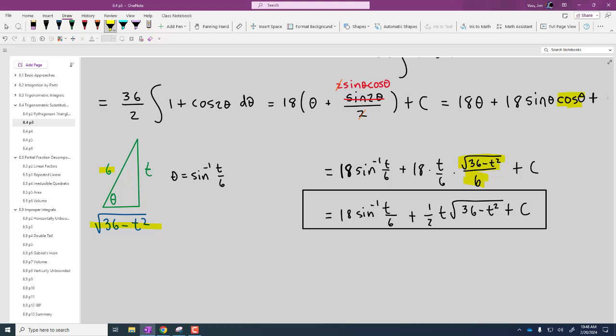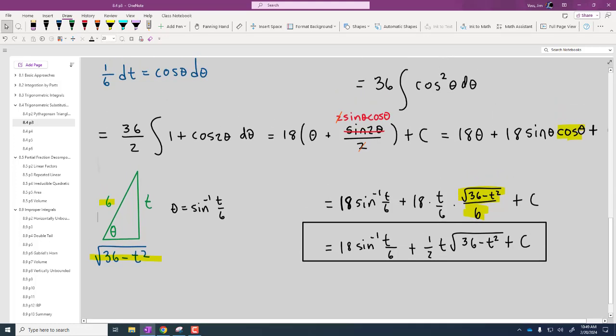So that triangle, we build it from our original substitution step. It's always going to give us two of the sides, and then we figure out that third side, and then we can go back to x or t or whatever. We can go back to the original variable.